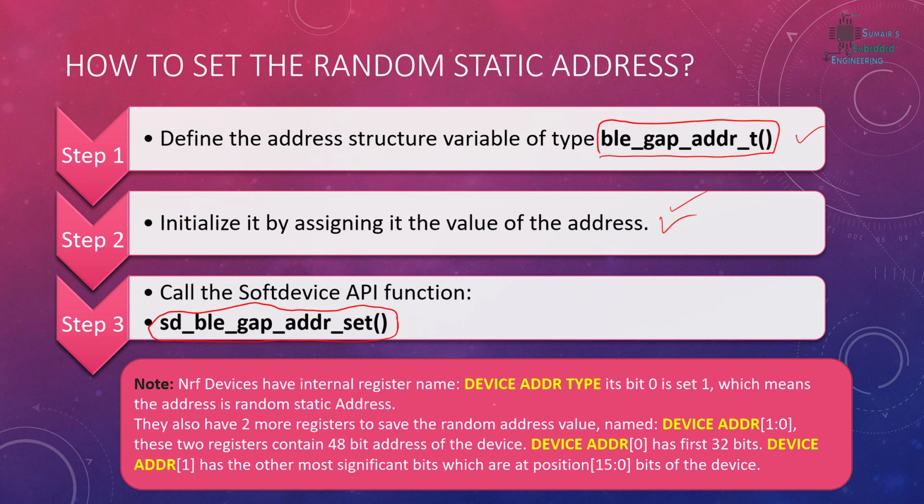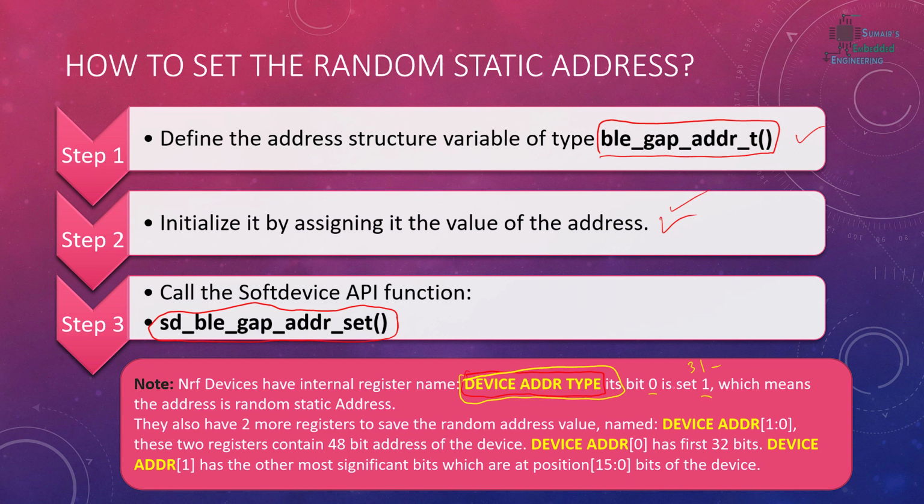If we want to see these registers, there are two of them. The first is the device address type register, which is a 32-bit register, as our processor is 32-bit, so all the registers are mostly 32-bit. The remaining 31 bits are of no use; only the first bit, bit 0, sets the value.